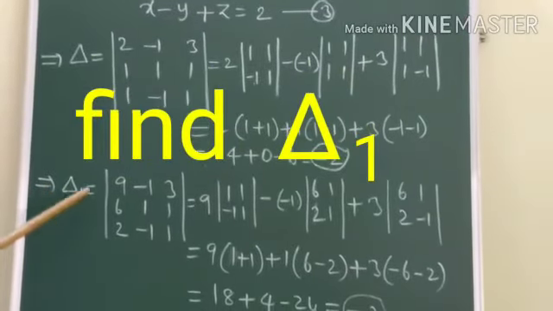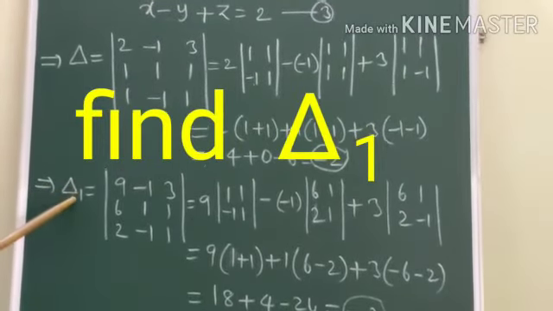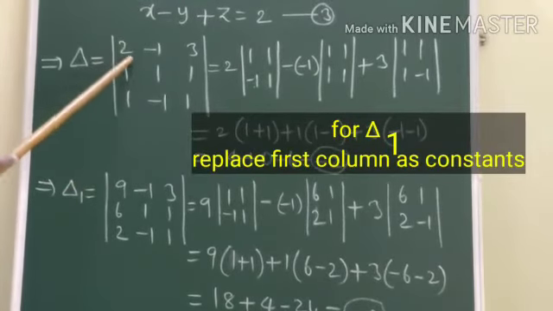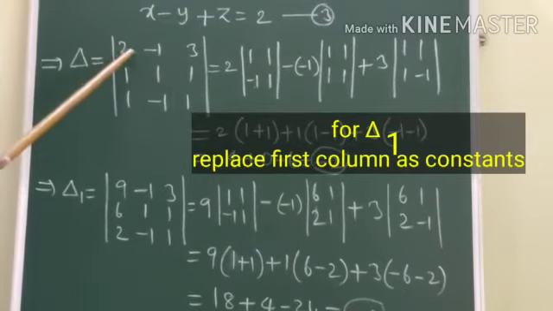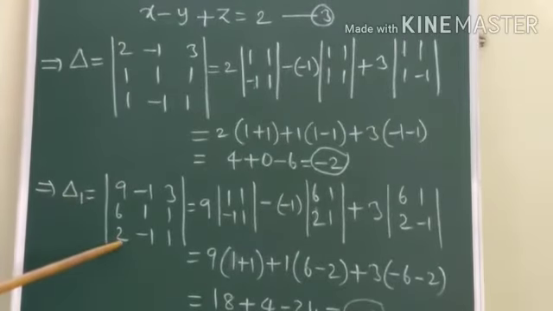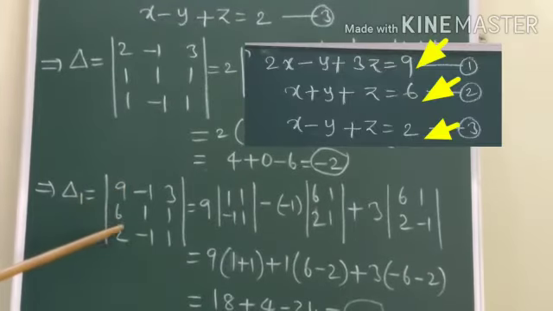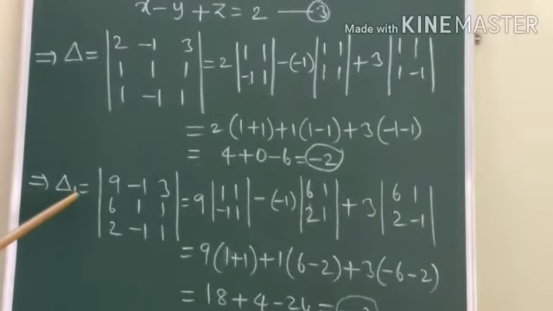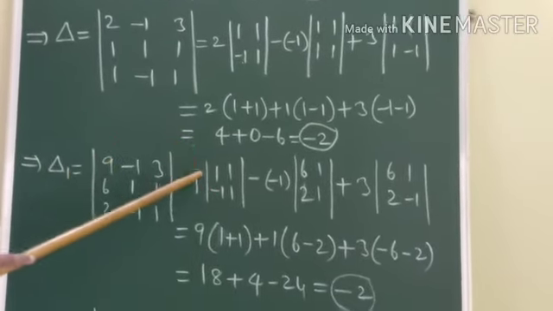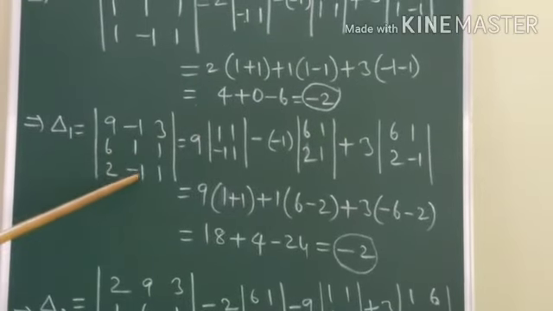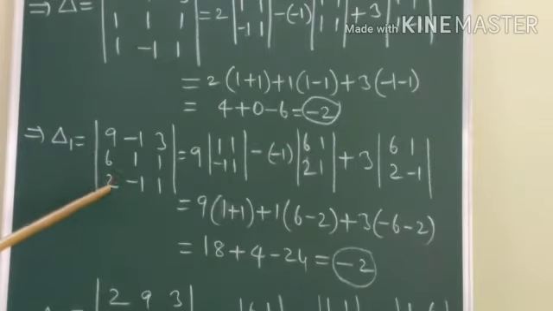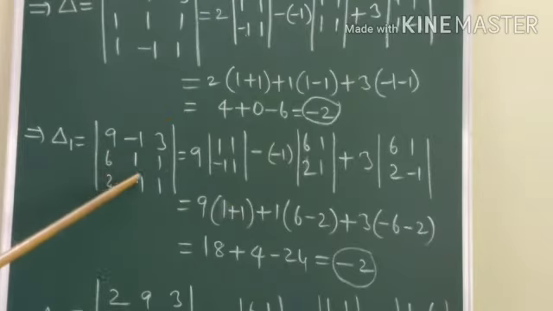Delta 1 is similar to delta, but replace the first column. What is the first column in delta? 2, 1, 1. Replace it with the constants 9, 6, 2 from the given equations. Now let us find the delta 1 value: 9 into the determinant of 1, 1, minus 1, 1, and minus of minus 1 into the determinant of 6, 1, 2, 1, plus 3 into the determinant of 6, 1, 2, minus 1.